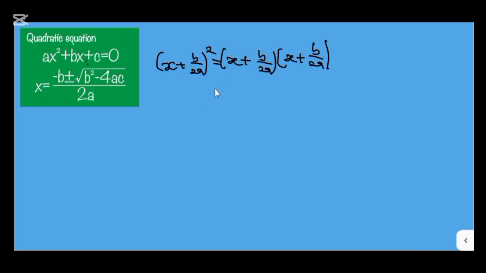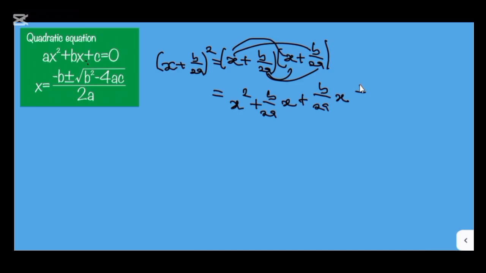So by expansion, if you want to expand this, you're going to be having x squared, because this will multiply this, plus x will be multiplying this. You have b over 2a x. This will go with this. You now have plus b over 2a x again, and then this will multiply this. You now have plus b over 2a all squared.